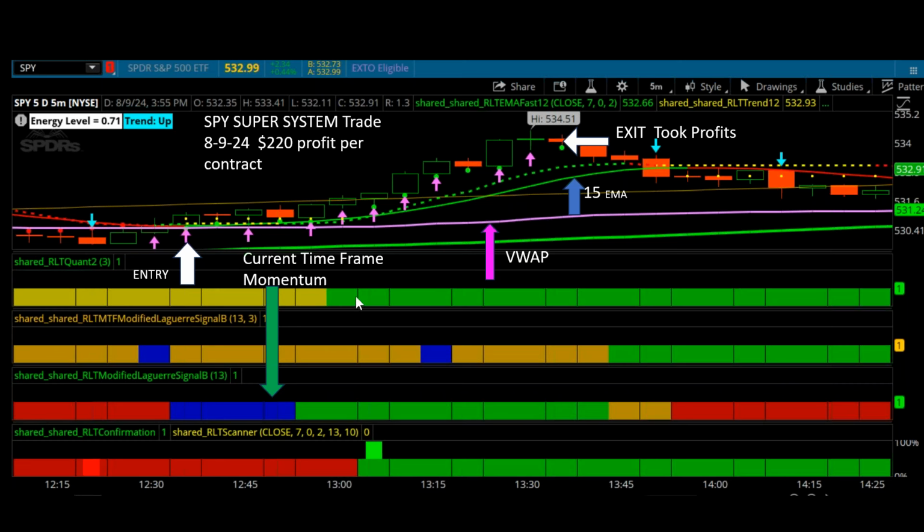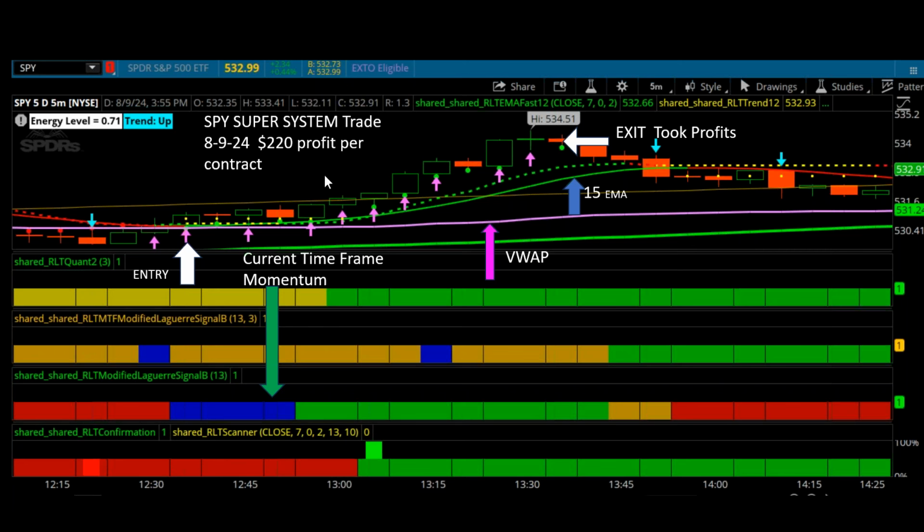The methodology is what's called the SPY super system. Here we have the current time frame momentum going from red to blue, selling to buying. We buy it right here as the stock breaks above the VWAP, as the institutions come in and buy it, and we just ride this thing up for $220 a contract. That's a lot. Most of the SPY trades don't last that long. They don't produce that much profit.